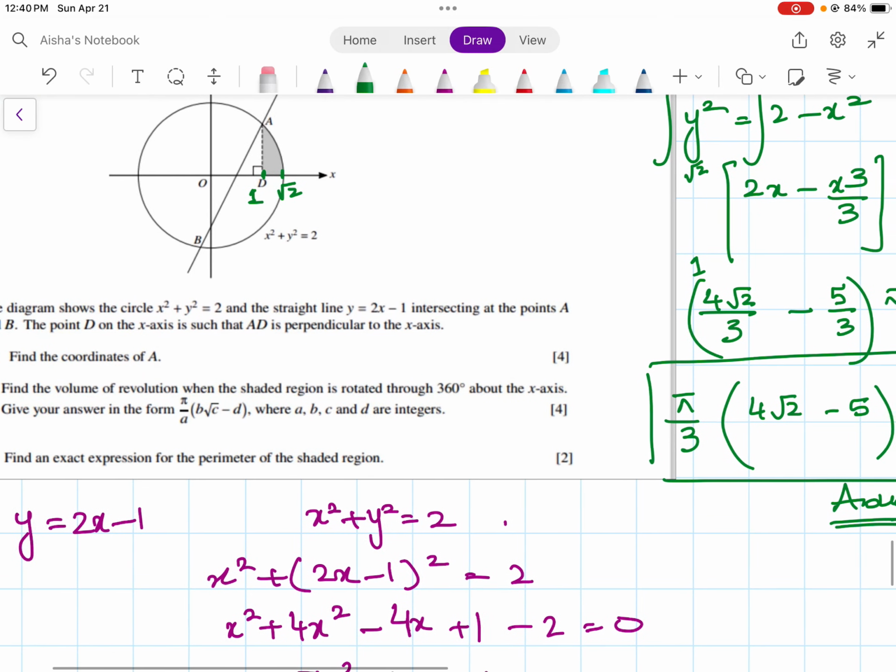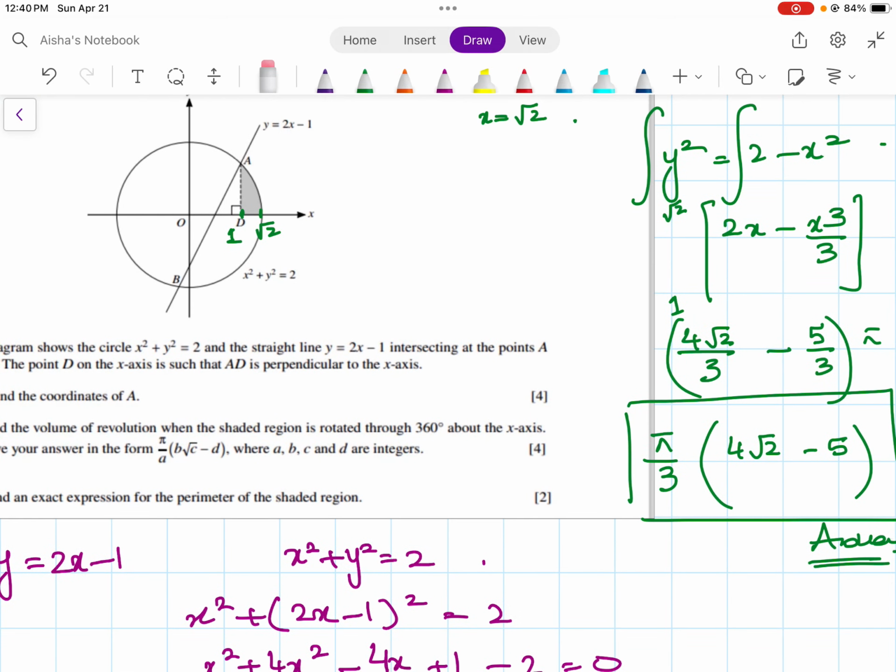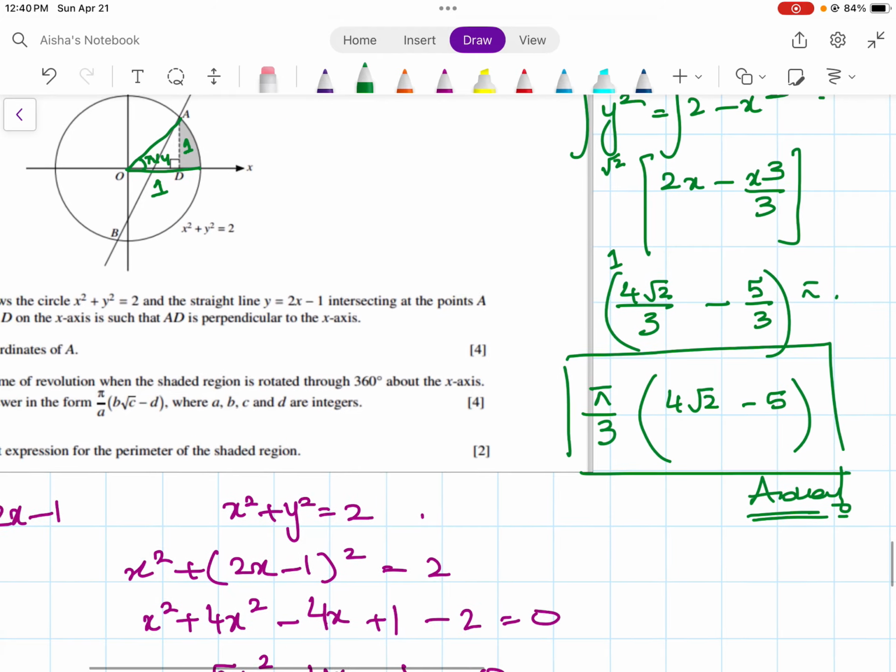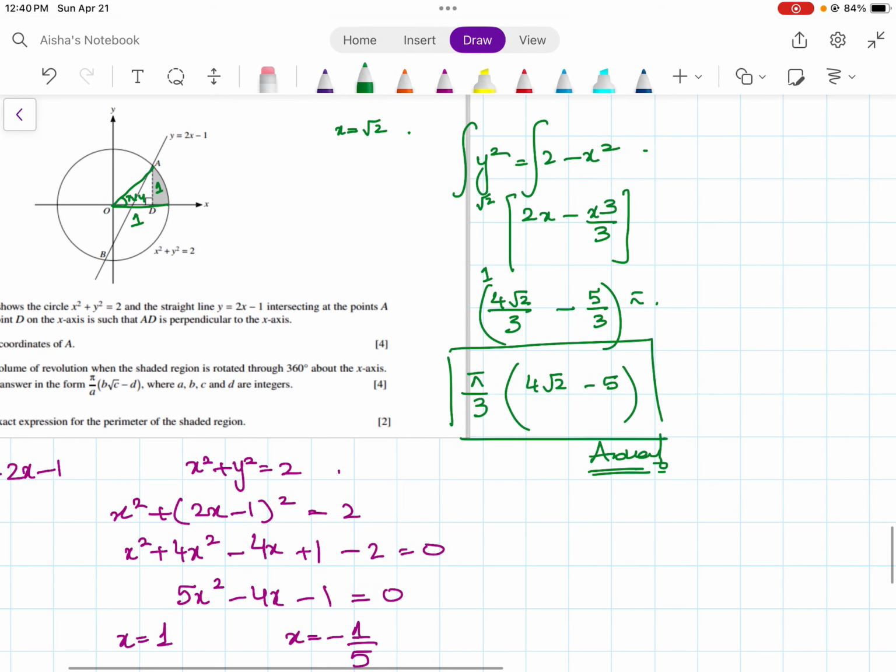Find the expression for the exact perimeter of the shaded region. Okay, now this is also an interesting question. This is sector of a circle. This is 1, this is also 1, this is pi by 4. 1 means 45 degrees.